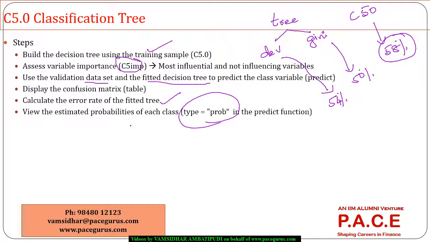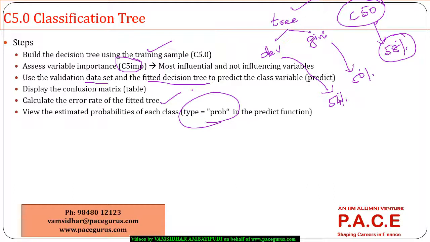Now here, just that the C50 algorithm has given me an accuracy of 58% does not necessarily mean that C50 is always better than the tree algorithm. In this case, for this kind of data set, we are able to get a better result with the C50 algorithm, but it may not be the case for some other data set or some other objective, right?